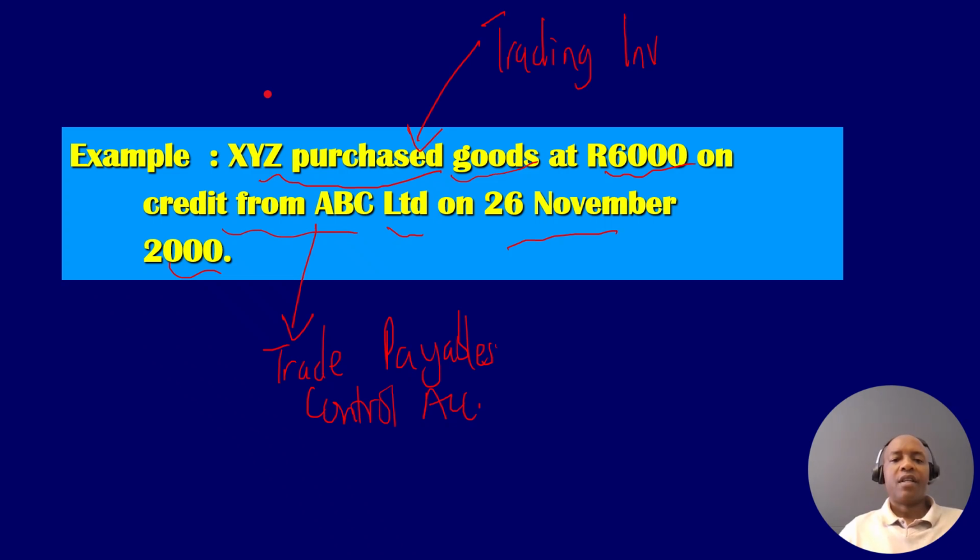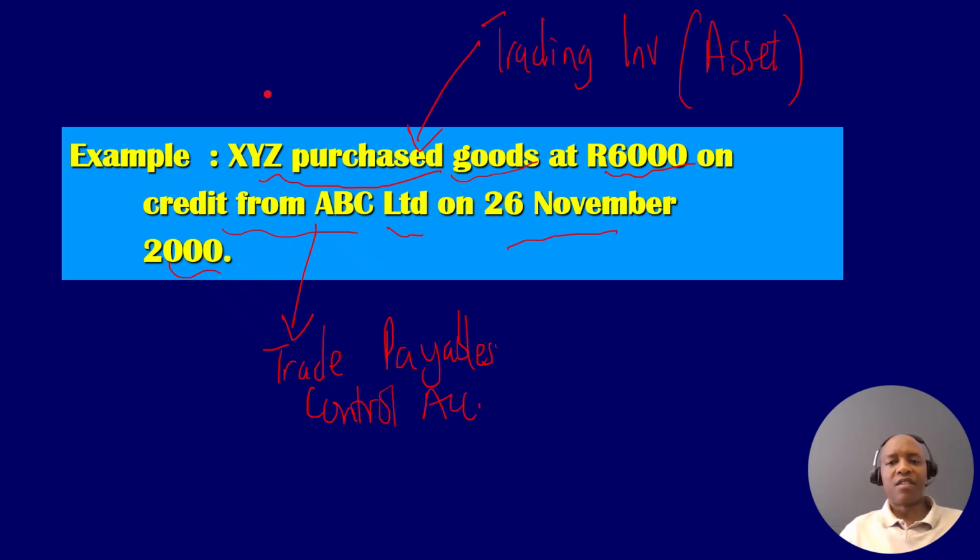Okay, so these two accounts we need to identify whether they are assets, liabilities, income, expense, capital, drawings. So trading inventory is an asset.